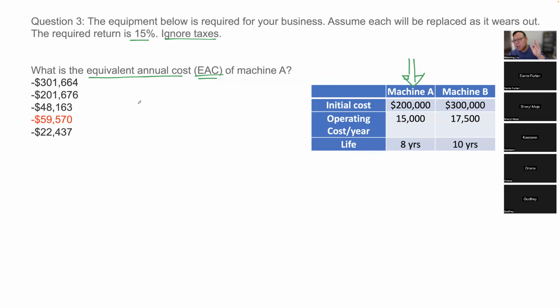Can anyone tell me? Yeah, $200,000, right? And then the life of the machine is 8 years. How much do you spend each year to operate a machine?